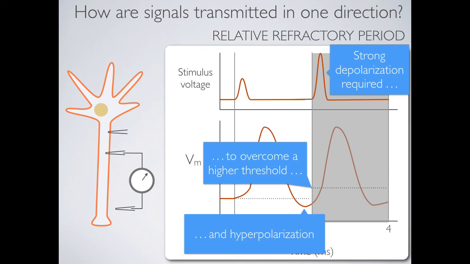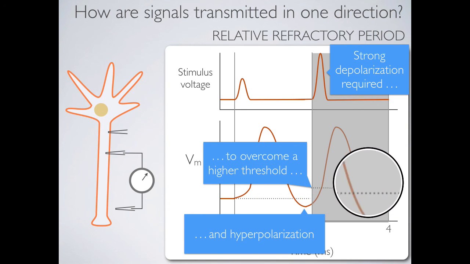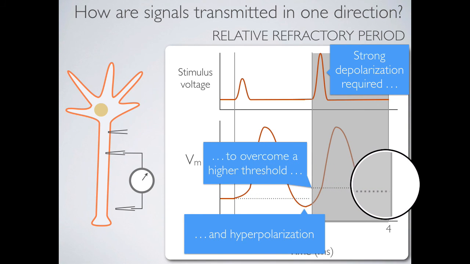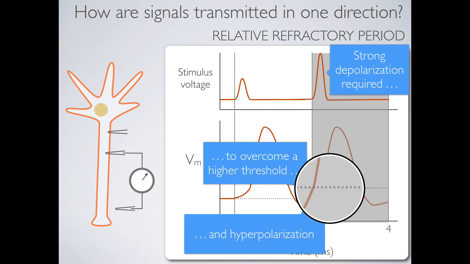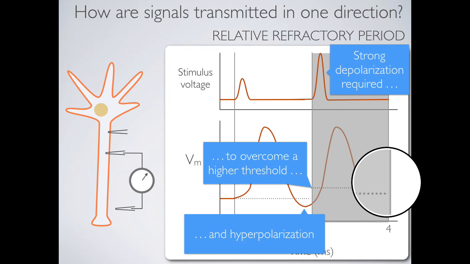So what's being drawn here in this dotted line is the threshold during the relative refractory period. As a consequence of having fewer channels to excite, effectively the membrane potential has to be higher than it would have been at rest. Okay, at rest it's minus 55 millivolts, and in the relative refractory period, it's higher.